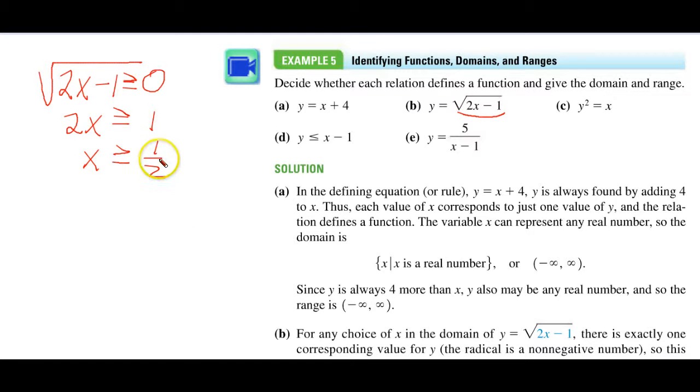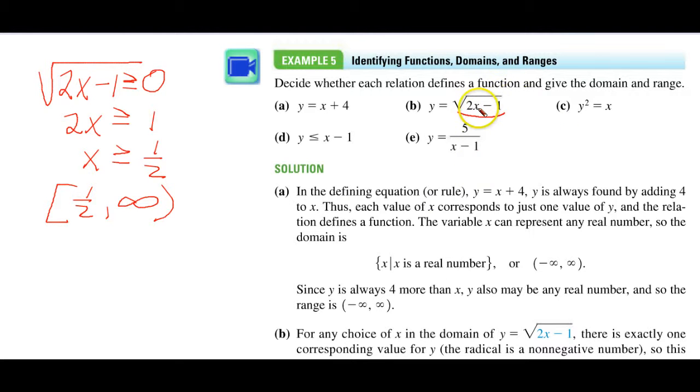So for our domain then, you can't have a number smaller than 1/2, because that would make your radicand here a negative value. So our domain then would be, and this would be a bracket, 1/2, comma, to positive infinity.